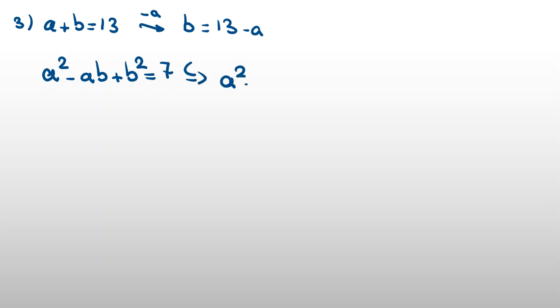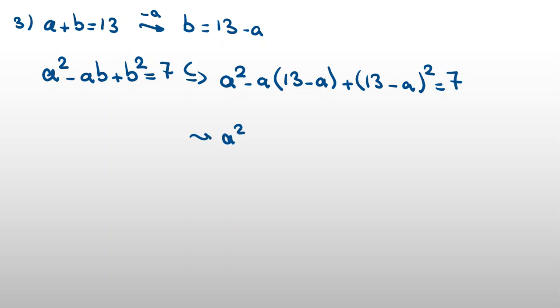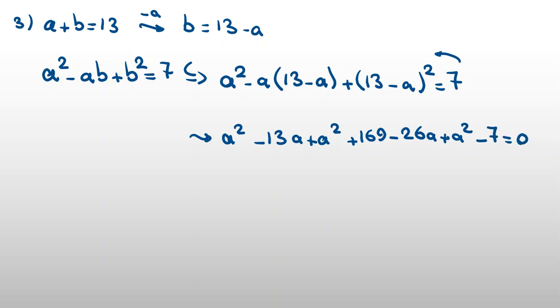If I replace here, a squared minus a times (13 minus a) plus (13 minus a) squared equals 7. Now, here it will be a squared minus 13a plus a squared plus 13 squared, which is 169, minus 26a plus a squared, and let's take 7 to the left hand side, minus 7 equals 0.